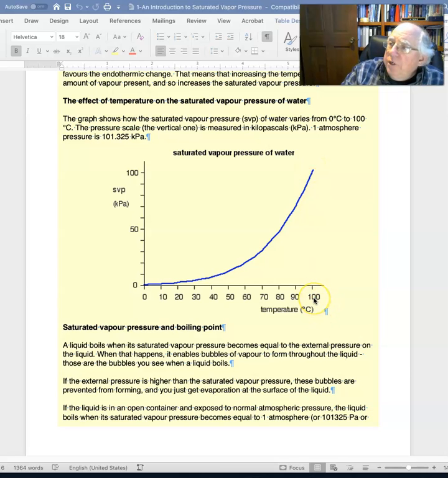At 100 degrees, we know that water boils at 100 degrees. It just so happens that at 100 degrees, the saturation vapor pressure is equal to 100 kPa, or atmospheric pressure. And that's why we say that water boils.